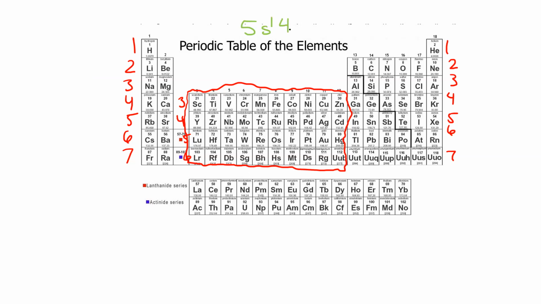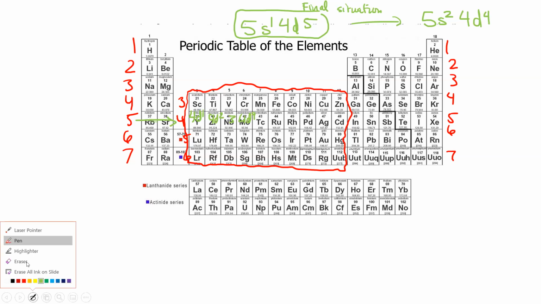5s1 4d5 was the final thing we looked at. This is the final situation. Moving backwards, we would reassemble this to 5s2 4d4. So 5s2 would bring us to this area right here, then 4d1, 4d2, 4d3, 4d4, which puts us at the element that I just wrote over.